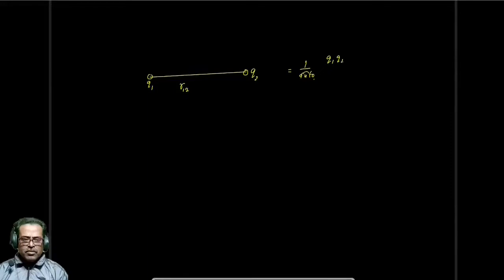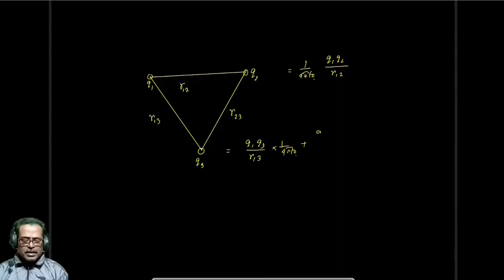Q1 Q2 by R12. Now the third charge Q3 is at a distance R13 from Q1, and R23 from Q2. So the energy required to bring this charge from infinity to this point will be equal to Q1 Q3 divided by R13 into 1 by 4 pi epsilon 0, plus Q2 Q3 by 4 pi epsilon 0 R23.